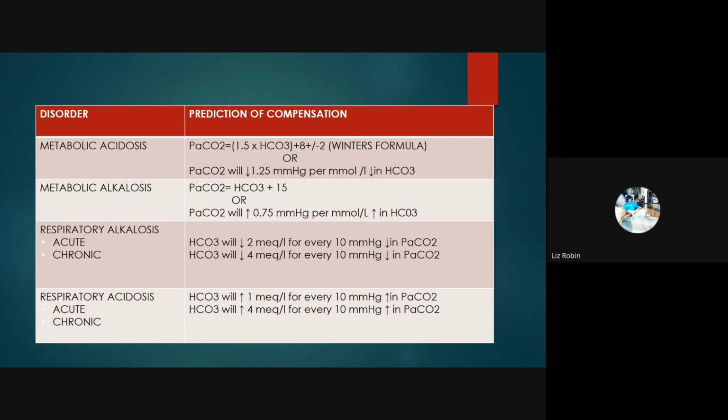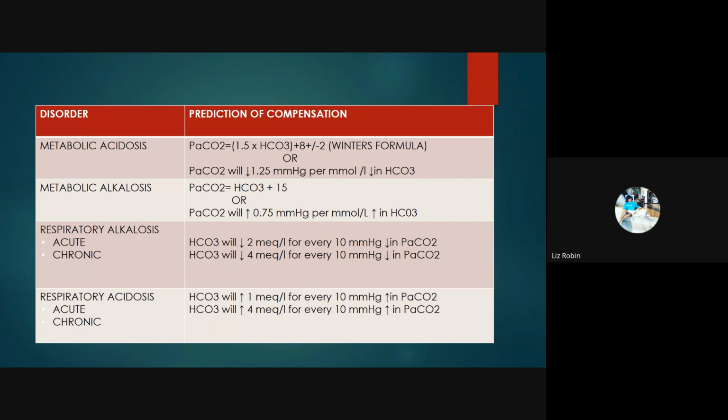So in metabolic acidosis, what happens? In metabolic acidosis, there's a drop in bicarb, right? The formula is also called Winter's formula, where your expected PaCO2 should be equal to 1.5 times bicarb plus 8, plus or minus 2. This is nothing but Winter's formula.